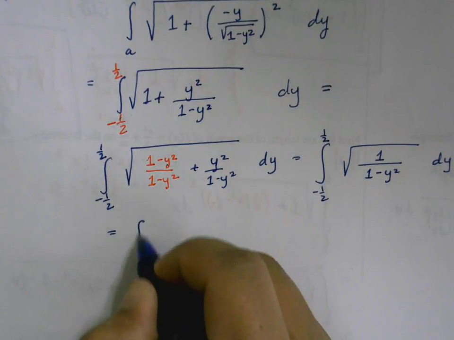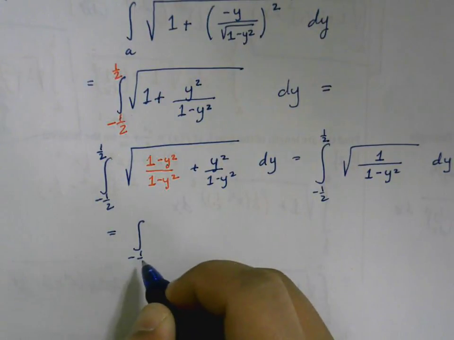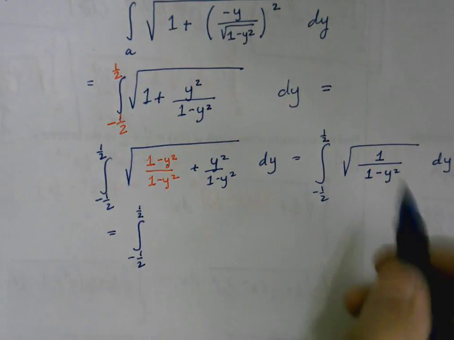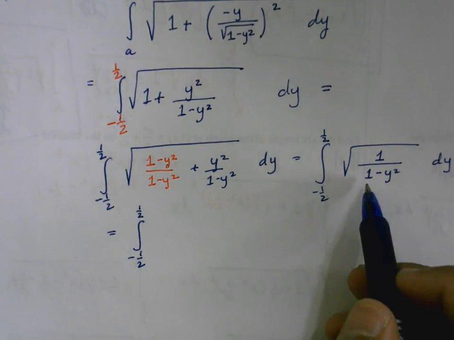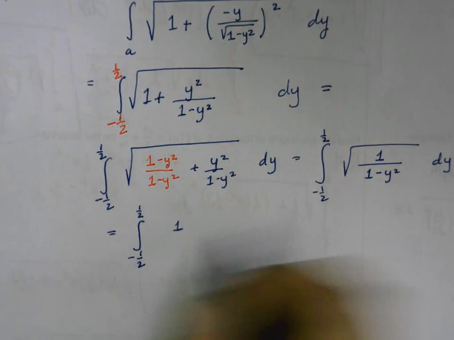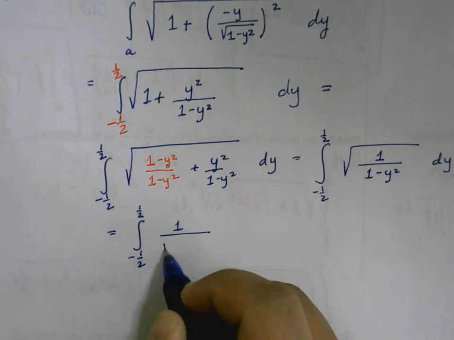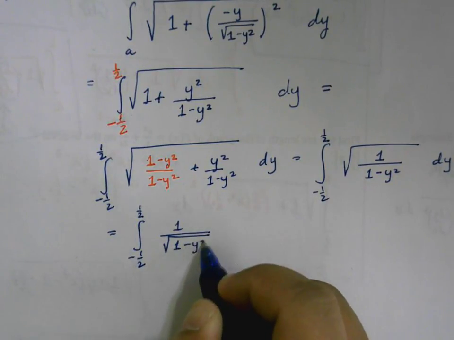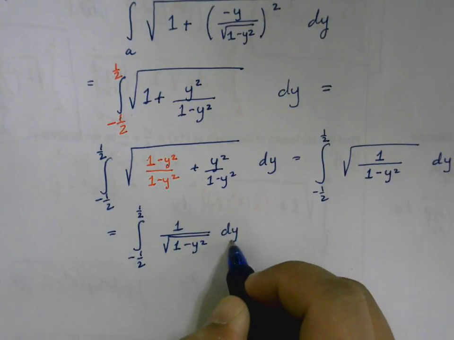Now, keeping everything else the same, I can separate this square root into the square root of the top and the square root of the bottom. And the square root of 1 is just 1. In the bottom here, I get the square root of 1 minus y squared dy.